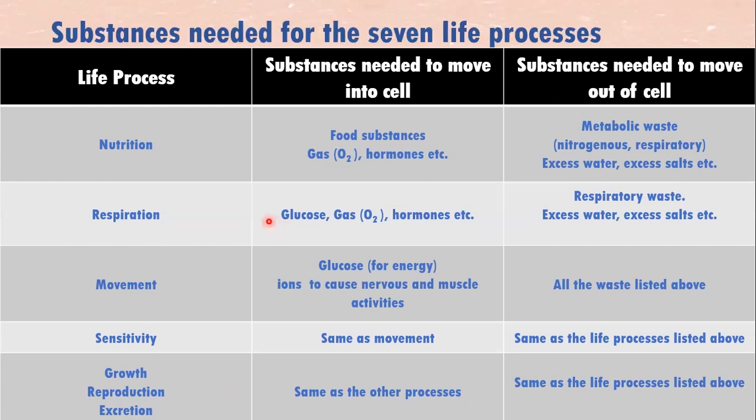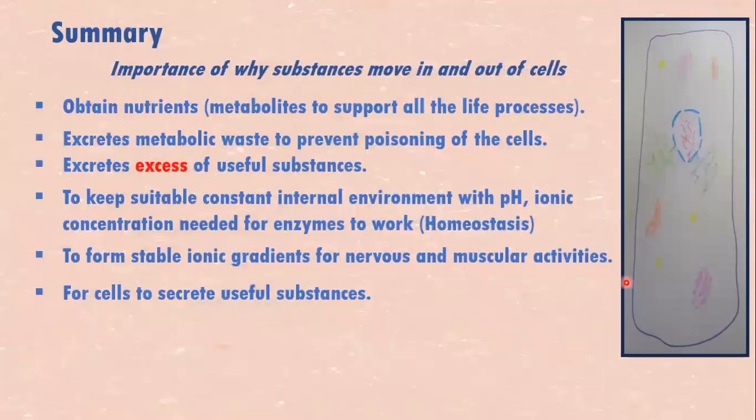And for the life processes to continue functioning correctly, we need all the waste substances we listed to go out of the cell. So substances that need to get into the cell are substances that will maintain the life processes. Besides that, there are substances that need to keep the internal environment constant.